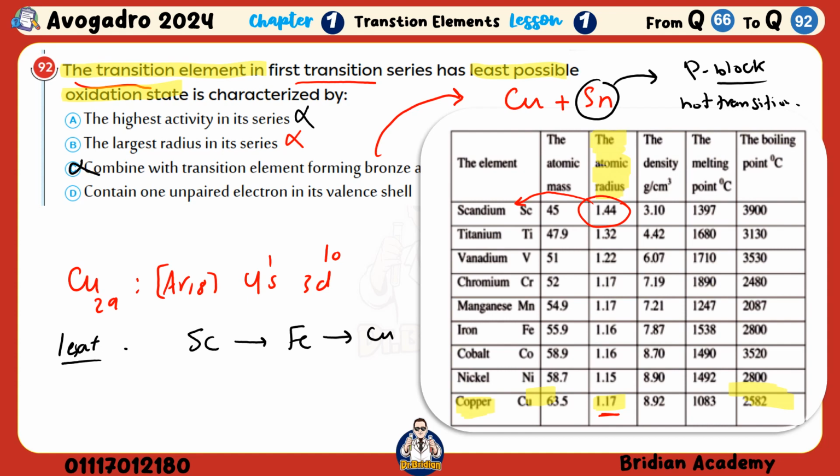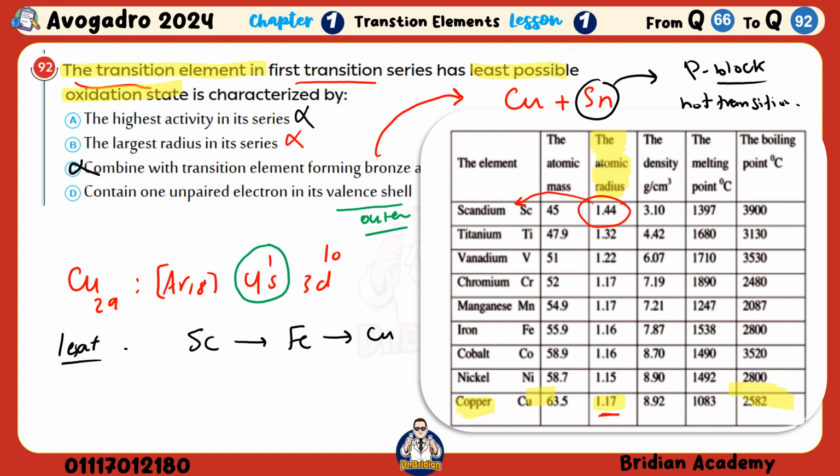So the last choice, make sure that it will be the correct one. Contain one unpaired electron in the valence shell. Valence shell equals outer energy level, which is the highest number of S. So the highest energy level is the outermost energy level or the valence shell level.